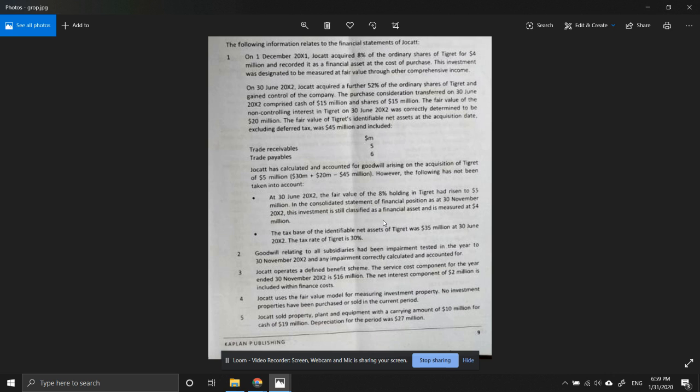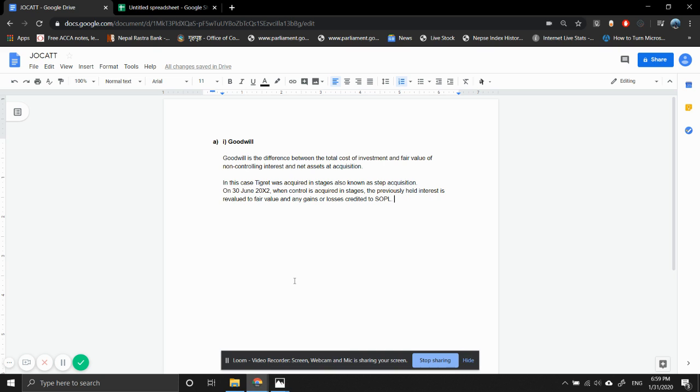so 5 million, right? The fair value of the 8% holding in Jocatt is revalued to its fair value, that is $5 million.